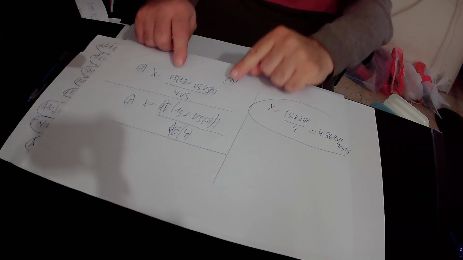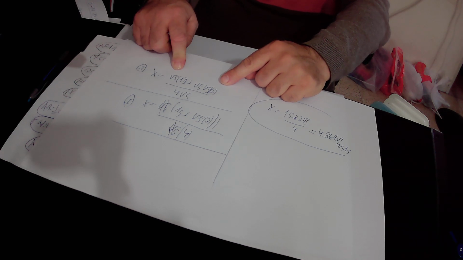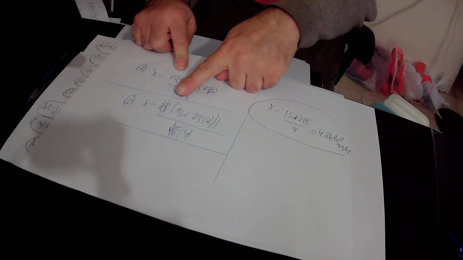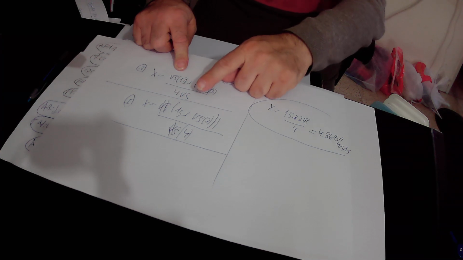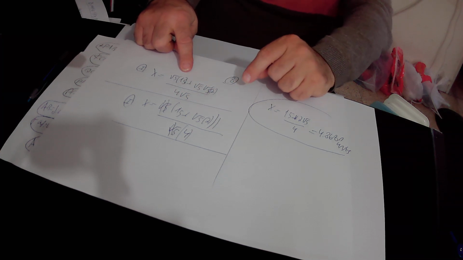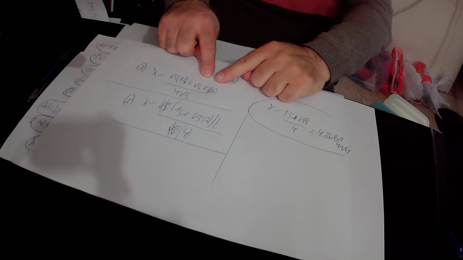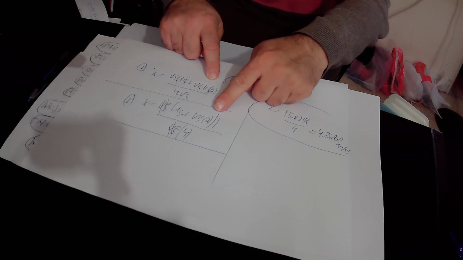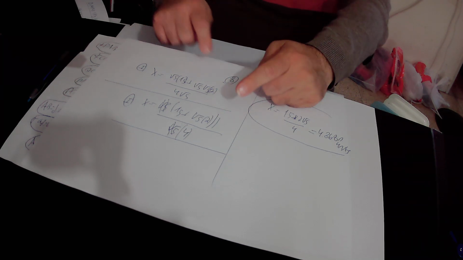Here we took out square root of 5 as a common factor from those two expressions in the numerator. What is left from square root of 5 times 15 after we took out square root of 5 as a common factor? It is 15. And what is left from square root of 5 times square root of 5 times 2 after we took out square root of 5? It is square root of 5 times 2.